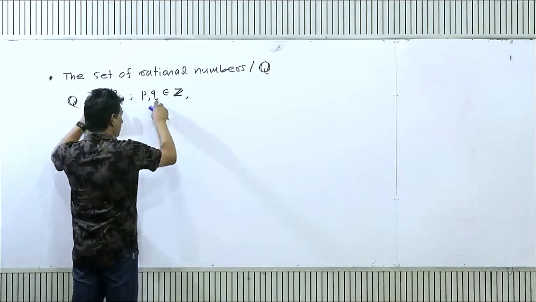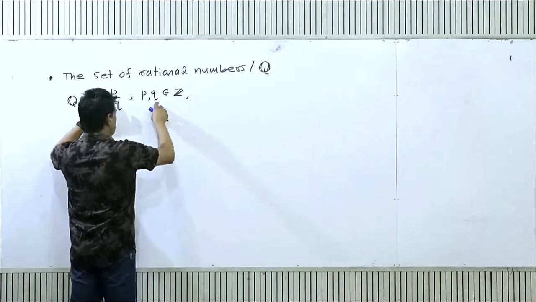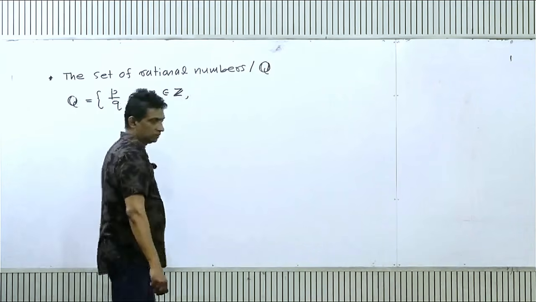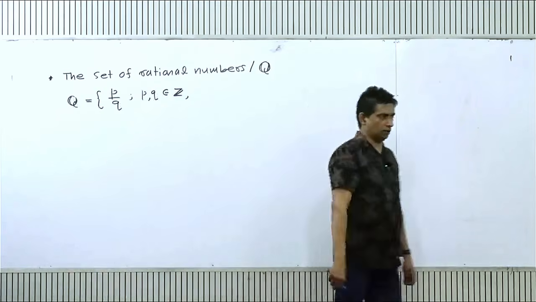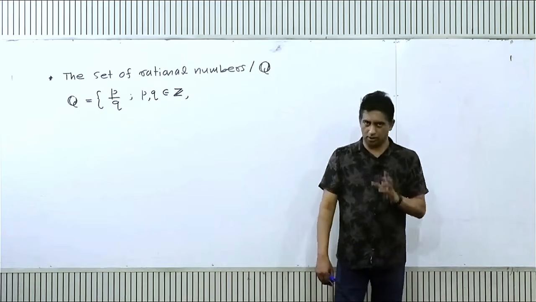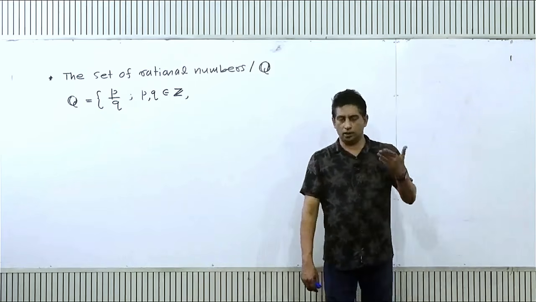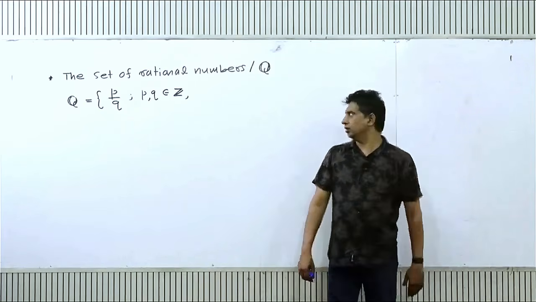If P and Q are elements of this set, that means P and Q are integers. Then we can get a clearer idea about rational numbers. In rational numbers, in the numerator and denominator, there should be integers.